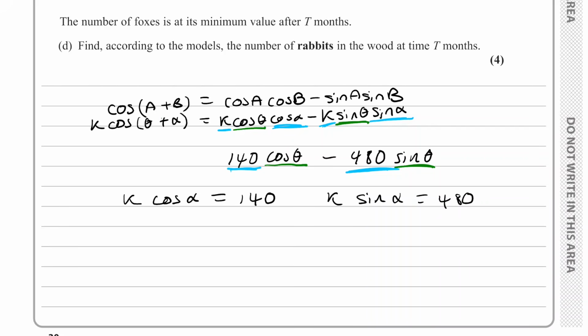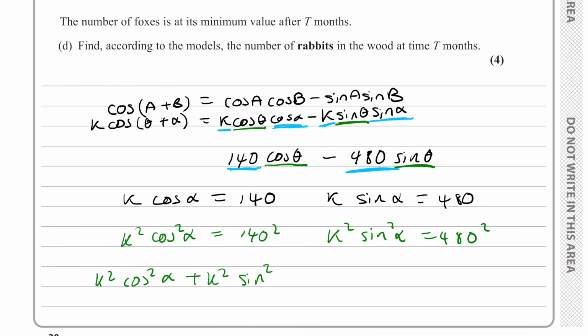So if we square both of these, we'll get k squared cos squared theta equals 140 squared, and k squared sine squared theta equals 480 squared. If we add the two equations together, on the left we'll get k squared cos squared theta plus k squared sine squared theta equals 140 squared plus 480 squared on the right. And then we can factorize out the k squared on the left.